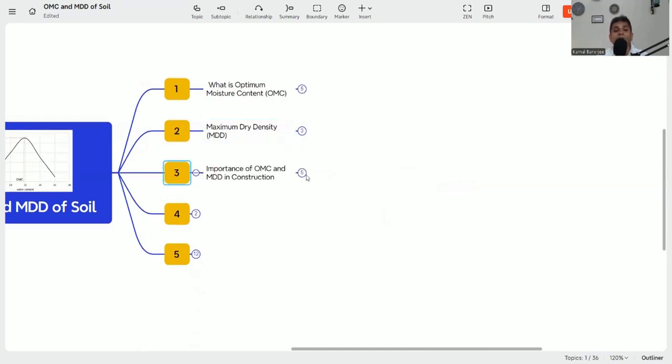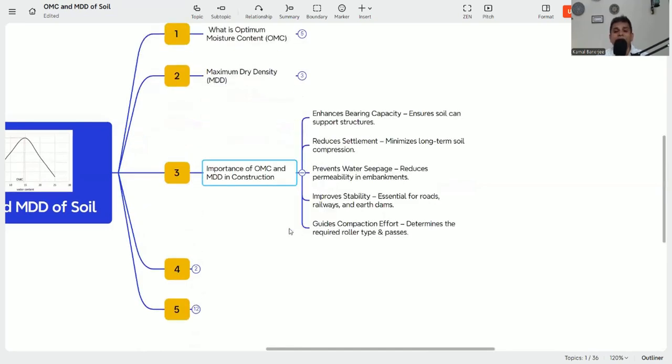The next is the importance, which I already discussed. Still, it is enhanced bearing capacity, ensuring soils can support the structure, as I discussed earlier, and reduced settlement, minimizing long-term soil compression. If there are air voids in the soil and the load comes, what will happen? The soil will compress, and there will be settlement of the structure.